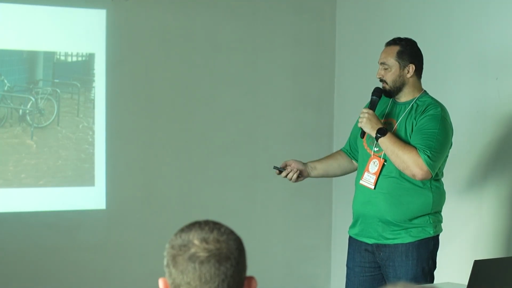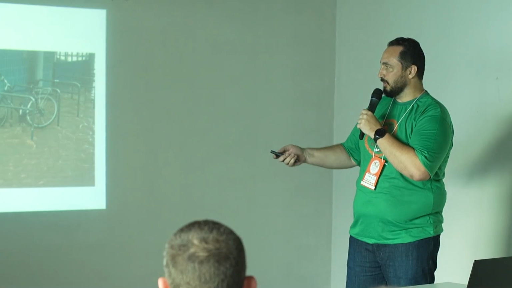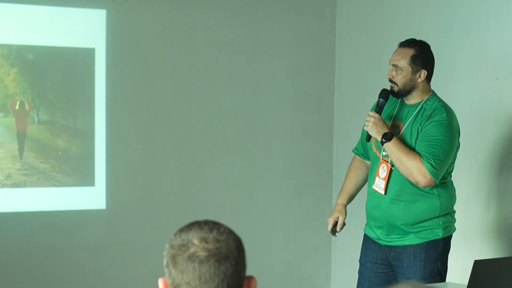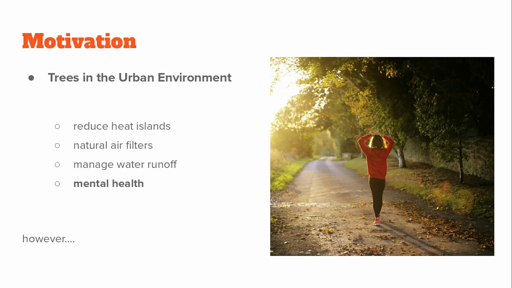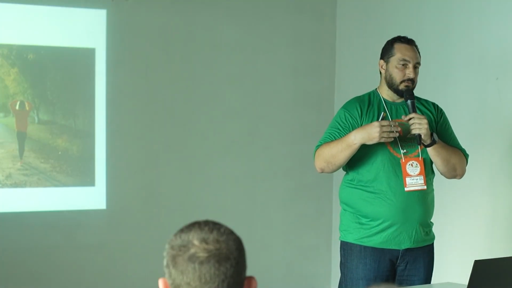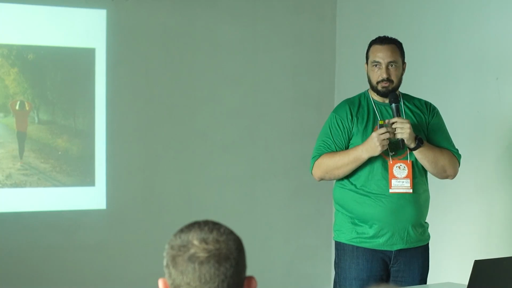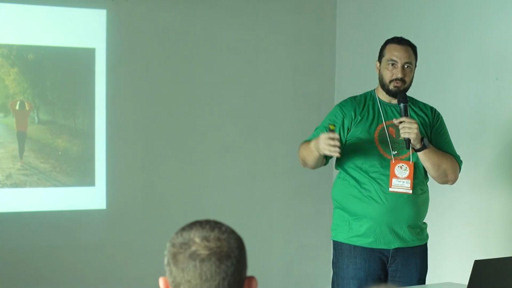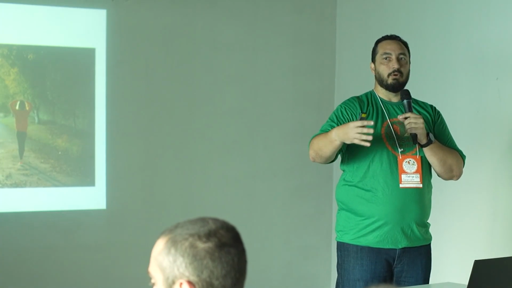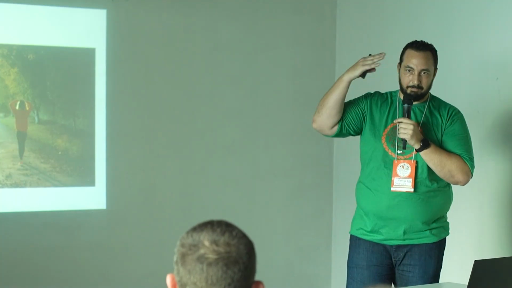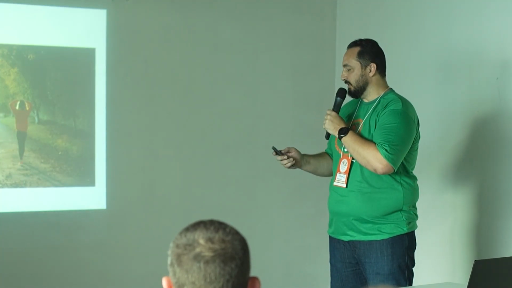If we have many trees, you have better soil infiltration for the water, and you can prevent urban flooding. Also, as important as the other topics, the mental health. It's completely different if we live in a place where we have a lot of trees on the way to get to places, and if we only see concrete, the impact on mental health is significant.